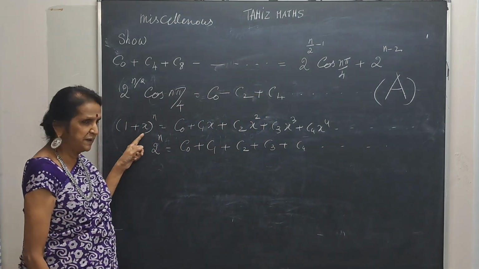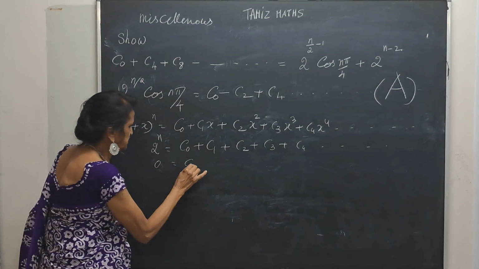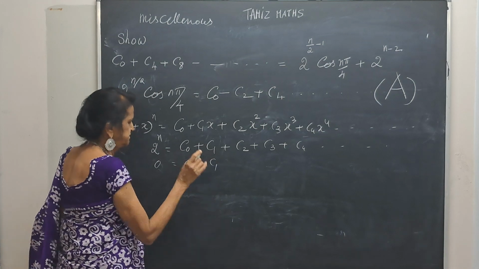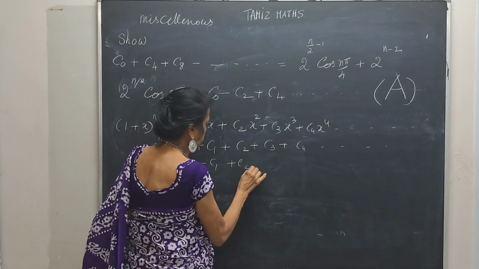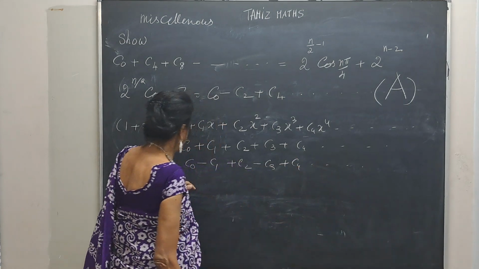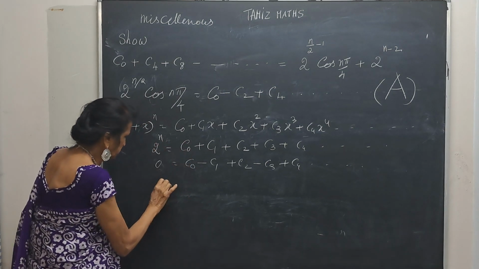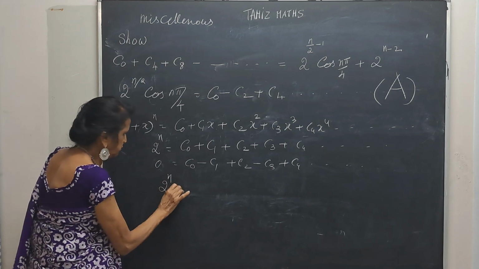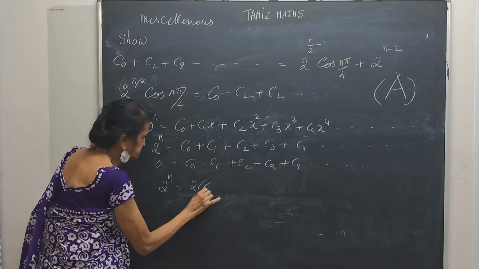Put x equal to minus 1. 1 minus 1 is 0: C naught minus C1 and so on. Very lovely is coming. Add these two. 2 power n plus 0, 2 power n. 2 C naught, so 2 outside C naught.